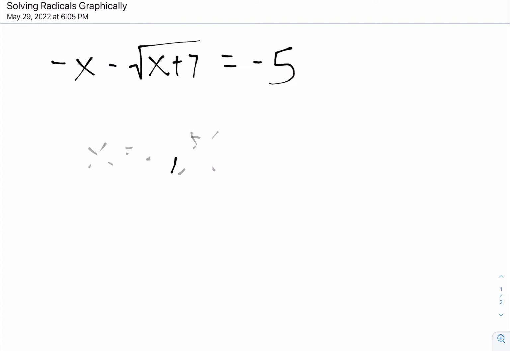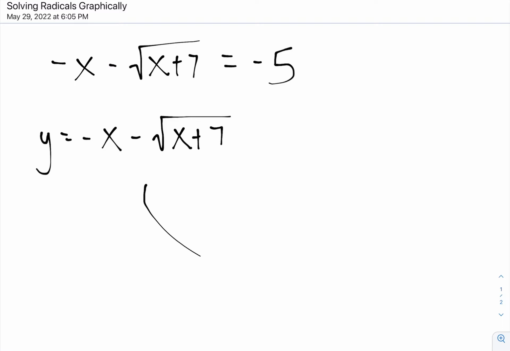Well, what we have to think about is we can interpret the left side of the equation as a single function and the right side of the equation as a single function. So we say y is equal to the left side. It's going to look something like this, so it kind of flattens out as we get more negative if these are our axes.